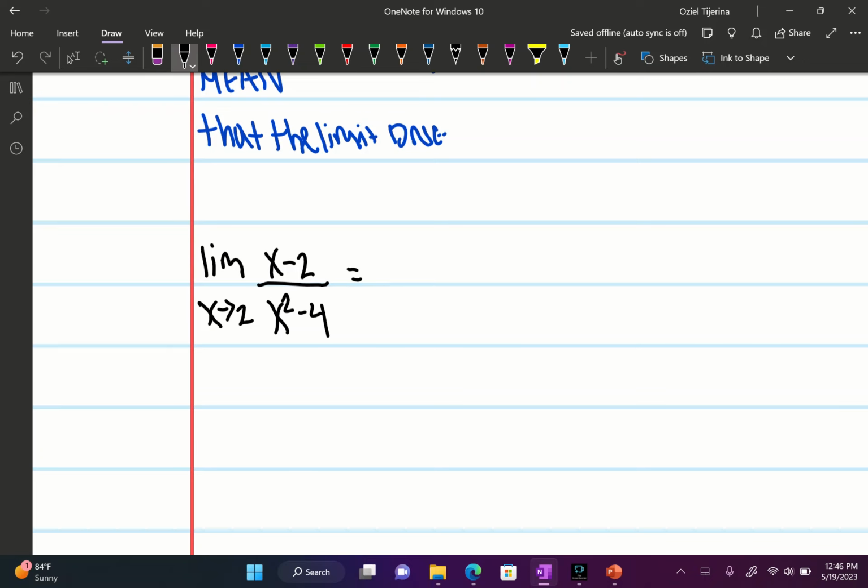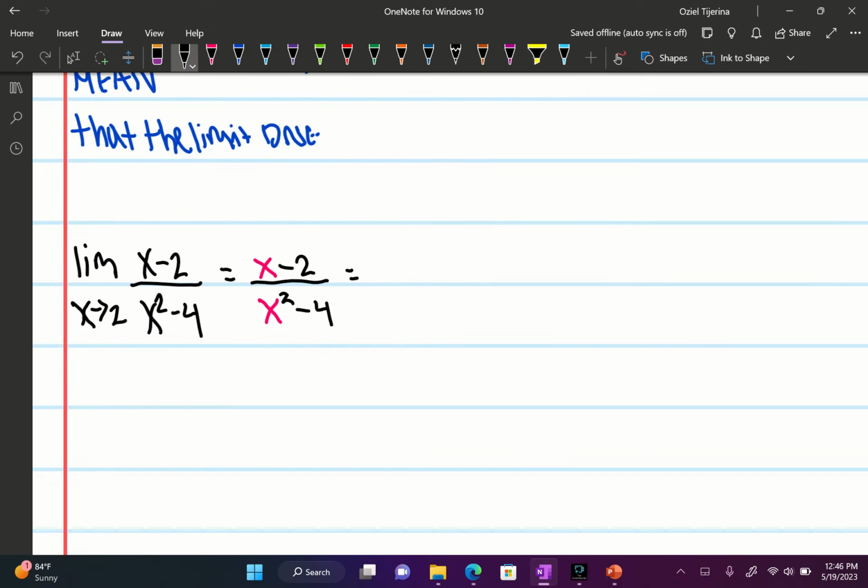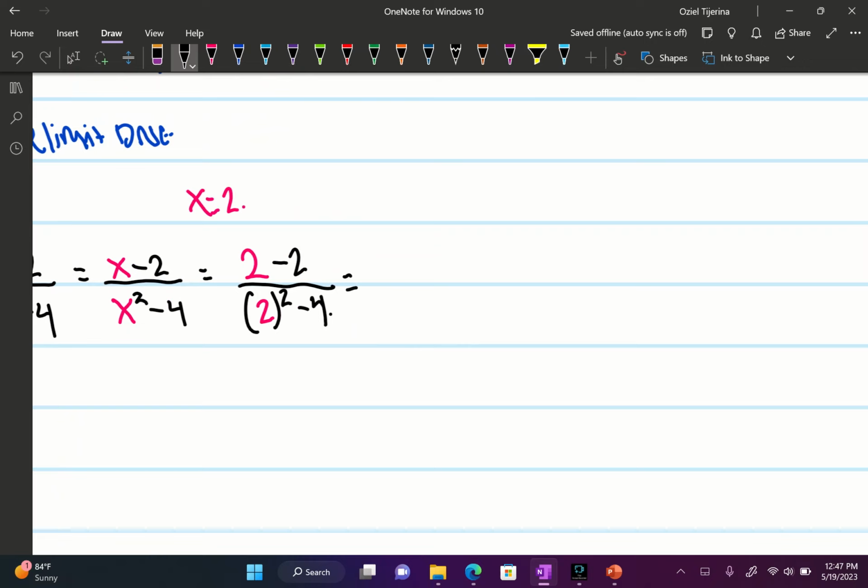And so we're going to plug in x equals 2. So we have 2 minus 2 over the quantity 2 squared minus 4. This is equal to 0 over 4 minus 4, which is 0/0.